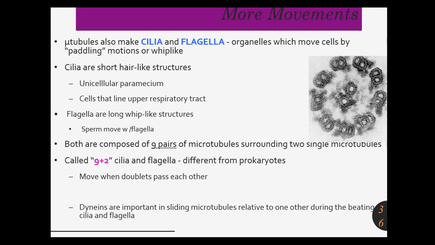Now, I will not cover the chloroplast and the mitochondria until we get to the chapters that involve them. I guess I could briefly mention them, but we won't get into the vast detail until then.